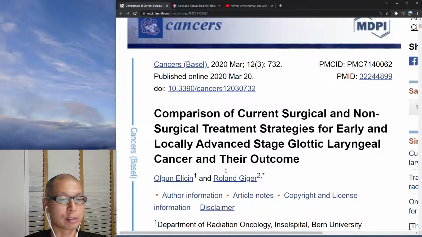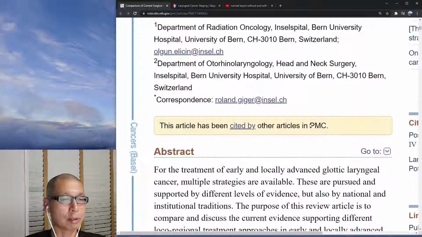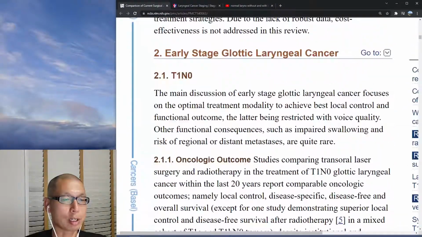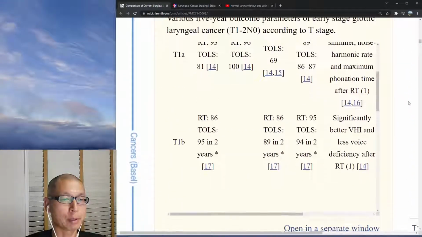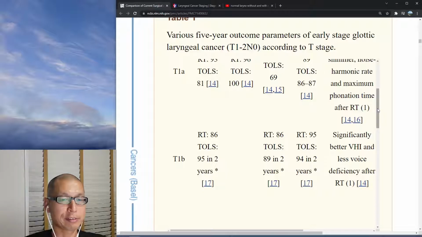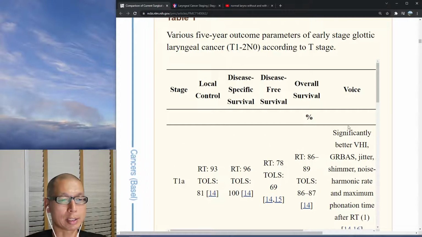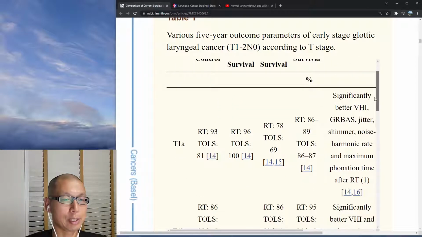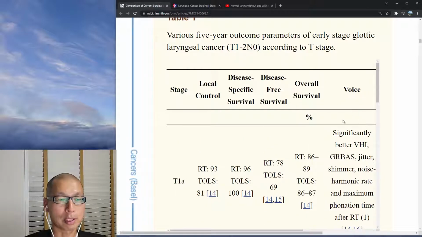All right, so this is a great paper that I found out of Switzerland where they talk about the various treatment modalities. This is for early stage T1 and T2. Basically, the take-home point in T1 and T2 is that in terms of controlling the cancer, there are two ways of treating it.